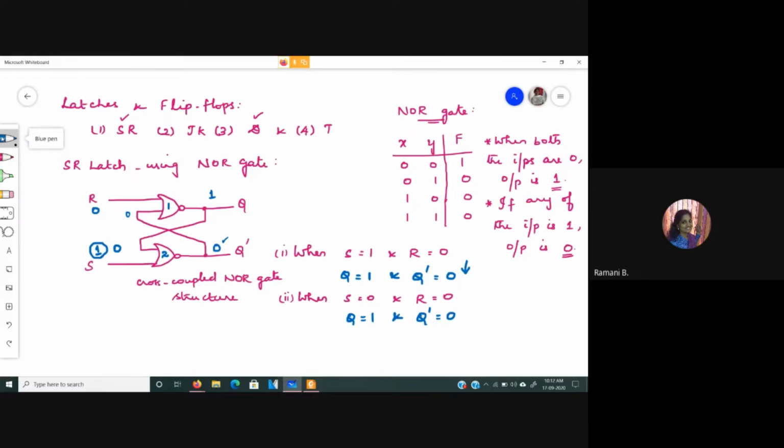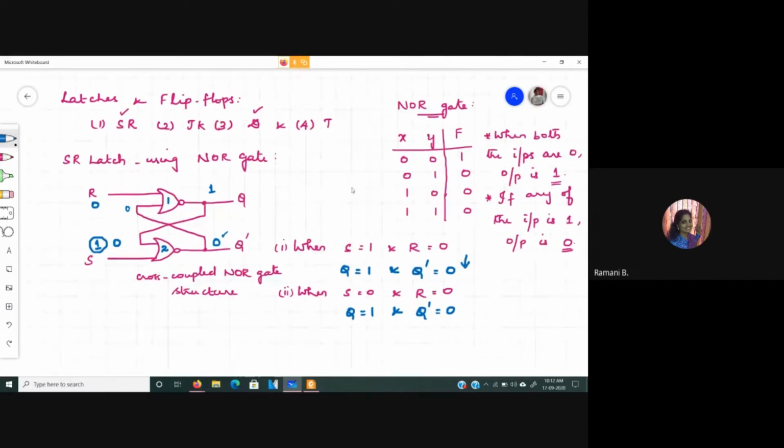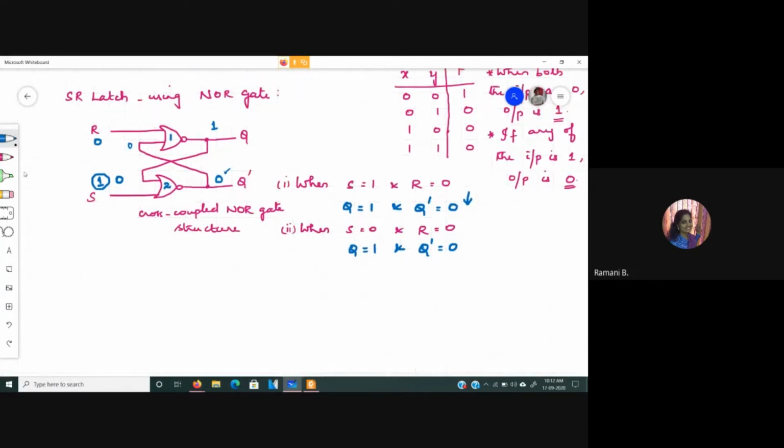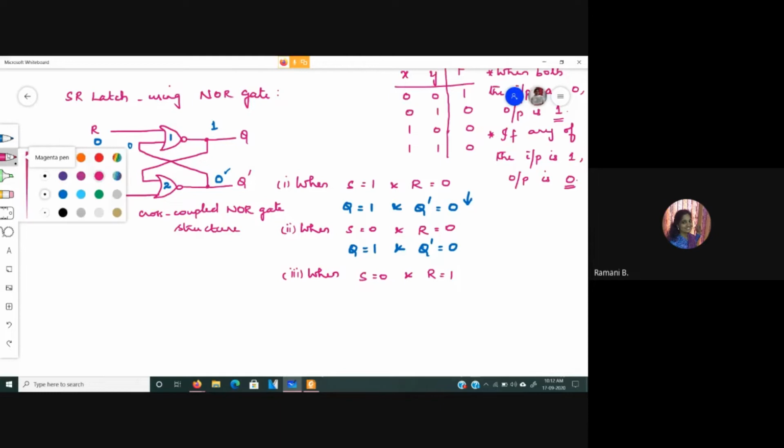Now after this, let us consider the case when S is equal to 0 and R is equal to 1. This input is remaining the same, however this one is changing its value to 1.